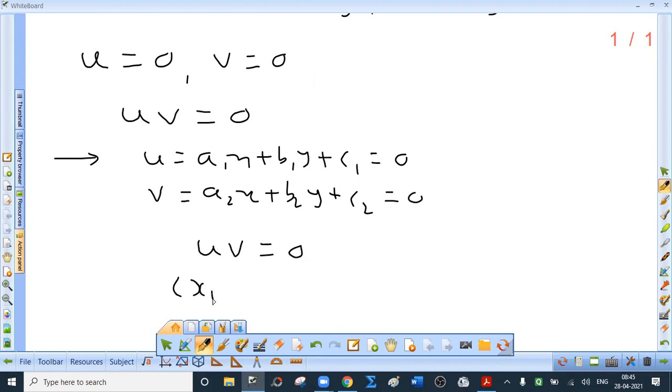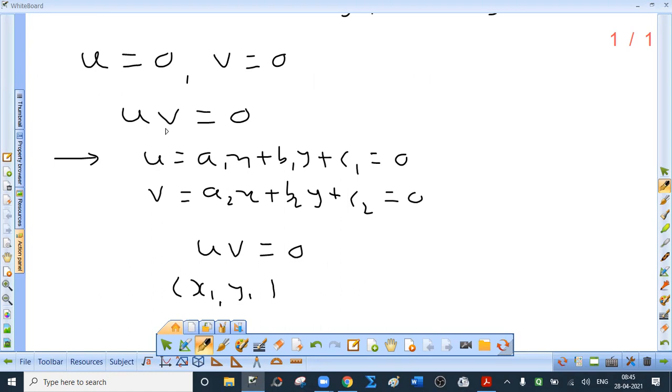Suppose x1 y1 lies on the line u equal to 0. Then it will satisfy the equation u equal to 0, and therefore it will satisfy the equation uv equal to 0 also, because 0 into v, this point need not lie on the second line, but 0 into that is going to be 0 only, right?